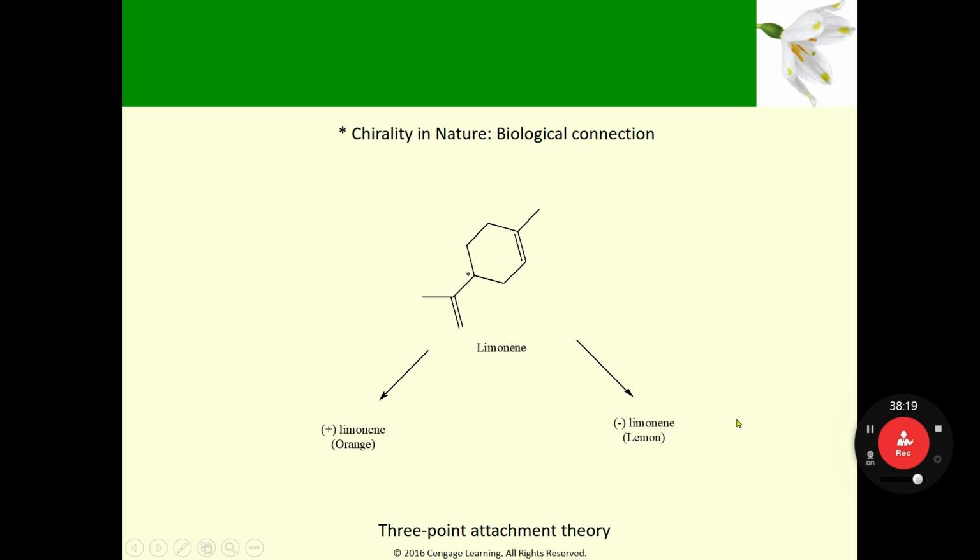So actually, most important biological molecules have chiral centers, and even though they are the same molecules, if they are different stereoisomers, they will have different biological effects. Okay.